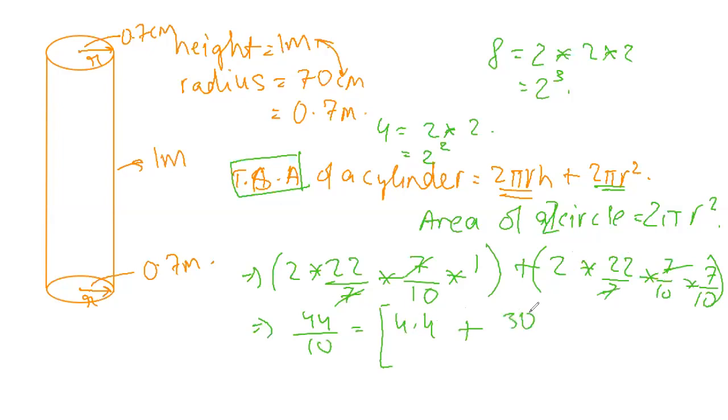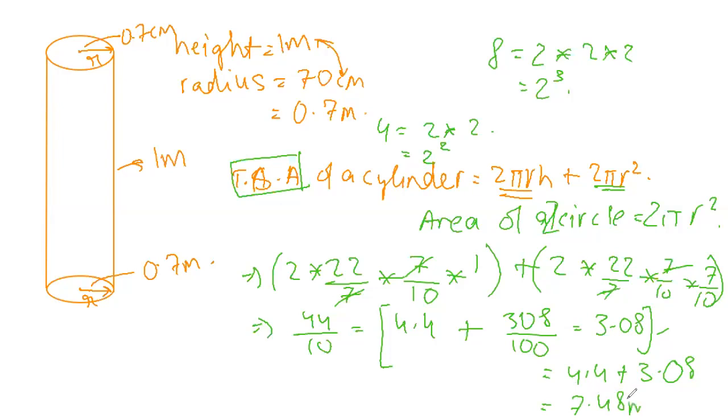So 308 divided by 100, which is 3.08. So 4.4 plus 3.08 is equal to 7.48. And please don't forget to add the units. So 7.48 meters square. So the final answer is 7.48 meters square.